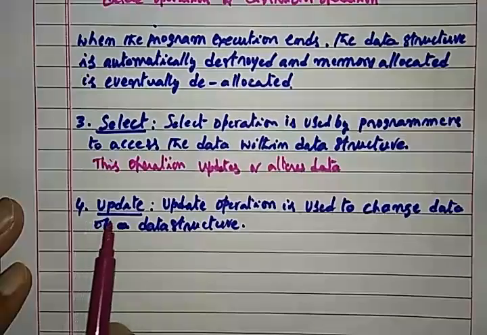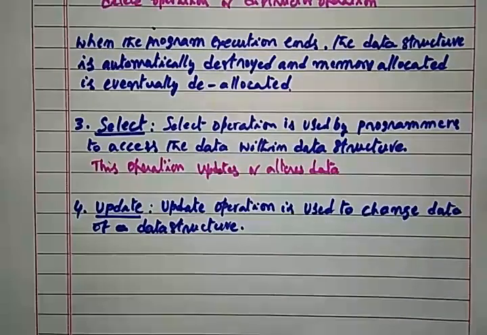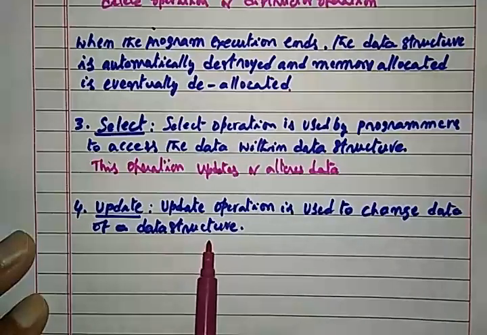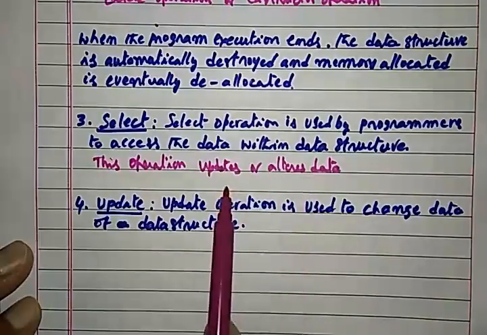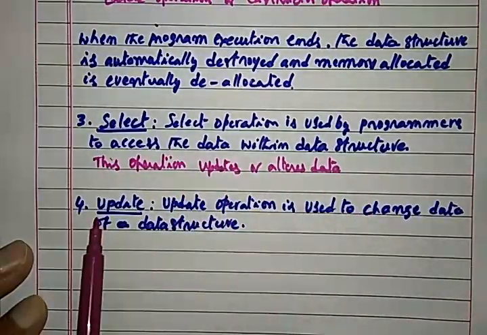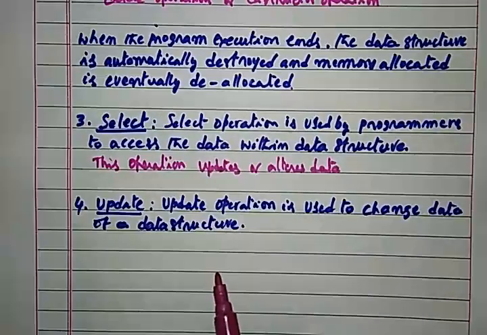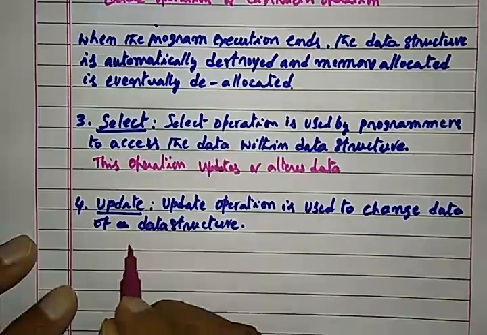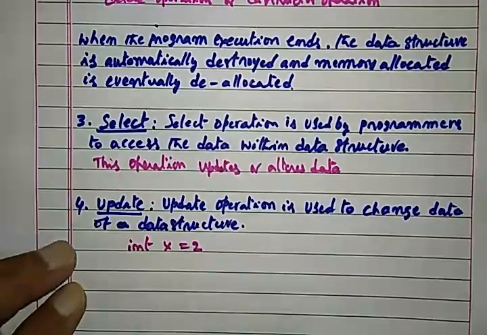The last one is update. Anyway, this has come here, but you can update also. Update operation is used to change data of the data structure. I have selected this to explain, but you mention this separately because these four are required for the answer. So this simple instruction I will tell. Integer x is equal to 2 I defined.